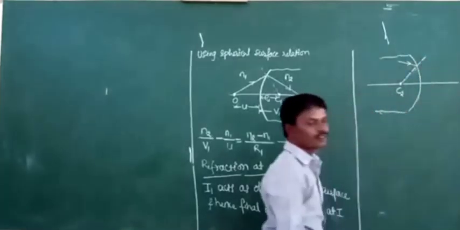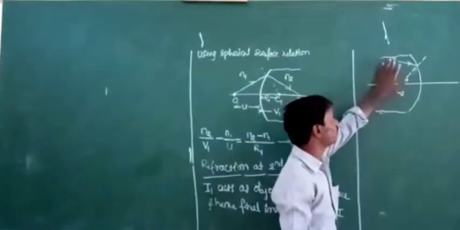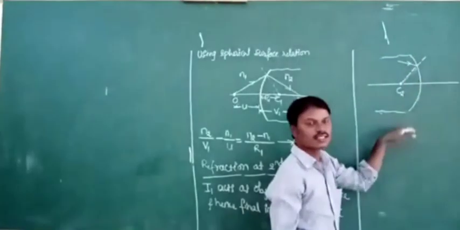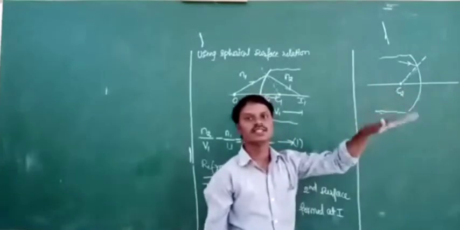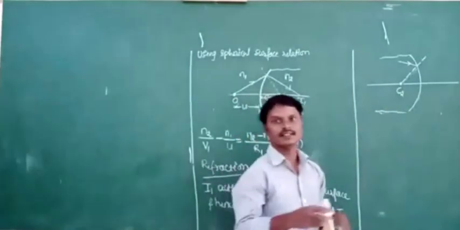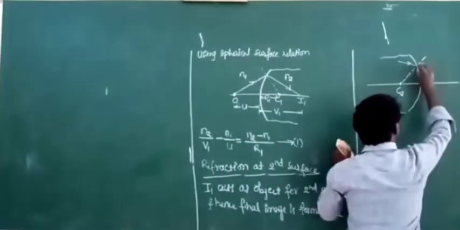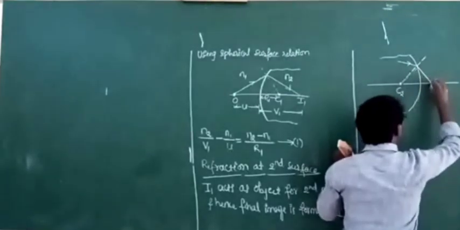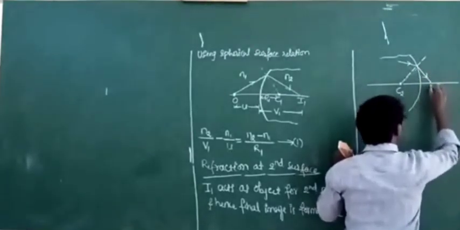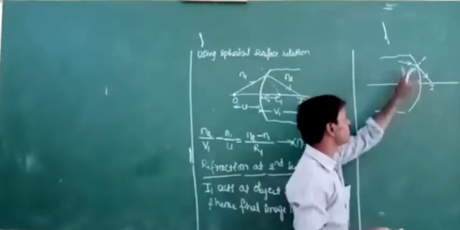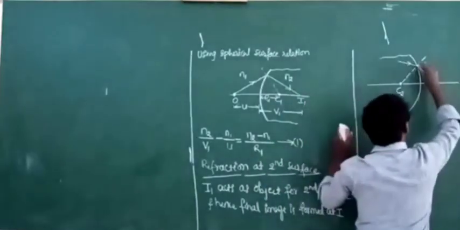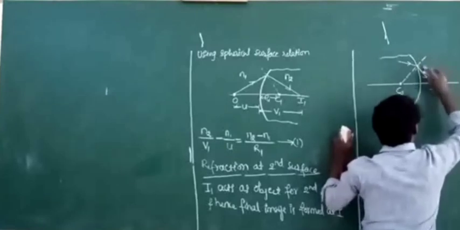Then the ray bends away from the normal. Where is the final image formed? The final image is formed at I. If there is no second surface, its image will be formed at I1.